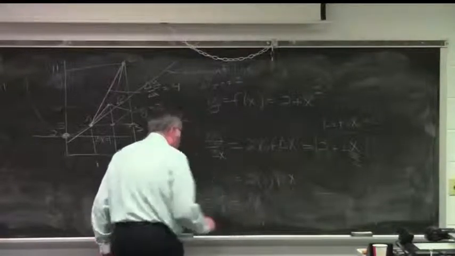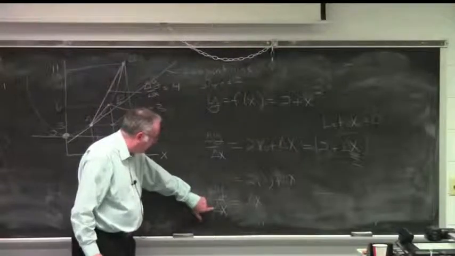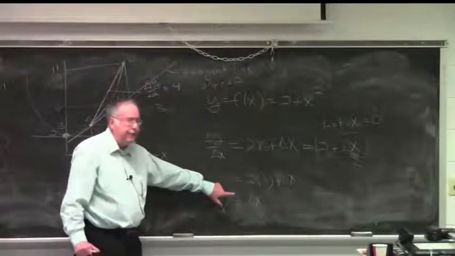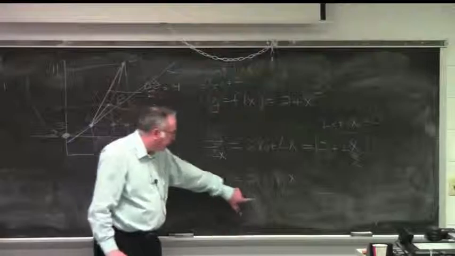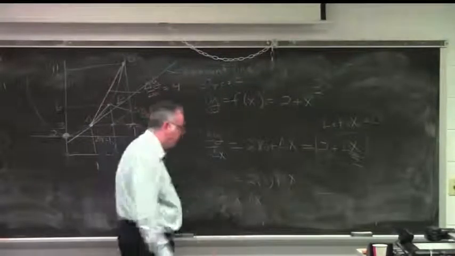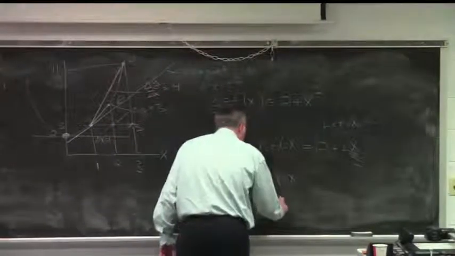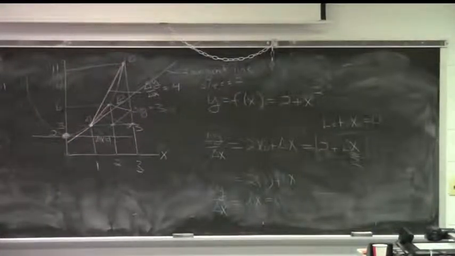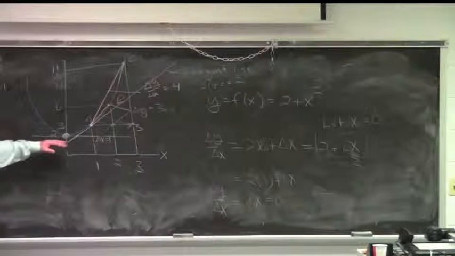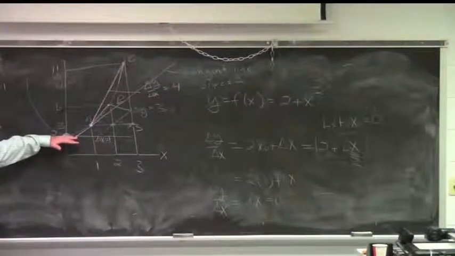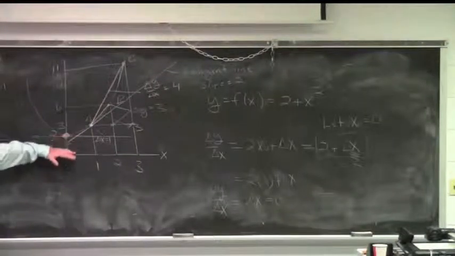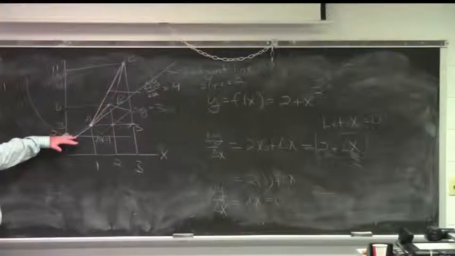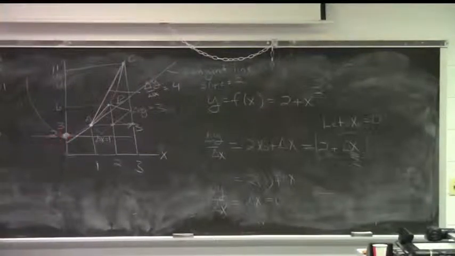And what is the limit of delta y over delta x as delta x goes to 0? Well, as delta x goes to 0, the right-hand side is 0. Okay, so that verifies that the value of the derivative here at x equals 0 is just 0.